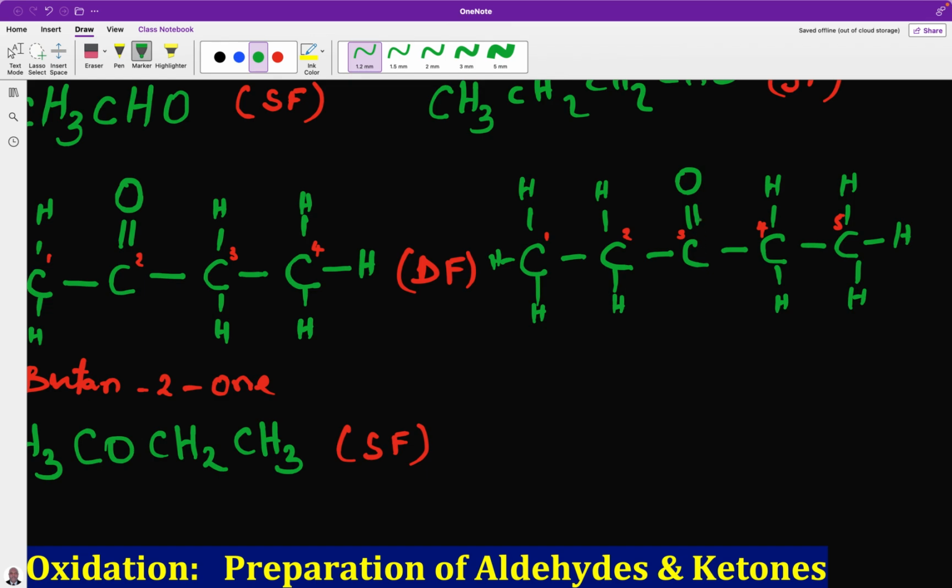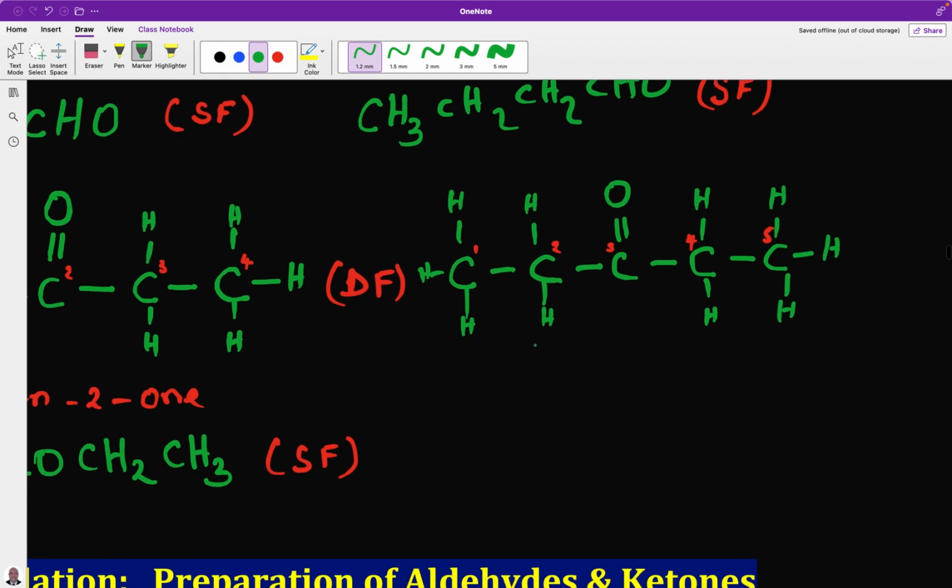We already have 2 bonds here plus these other bonds, making a total of 4 bonds. So we cannot add another bond here. So what is the structural formula of this compound? The structural formula is CH3, CH2, CO, CH2 and CH3.